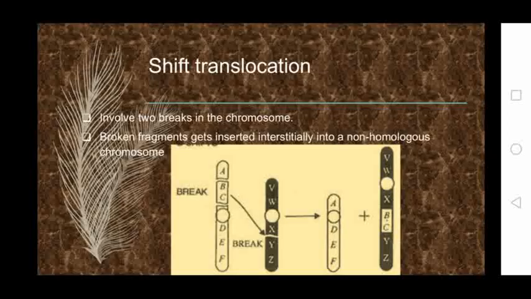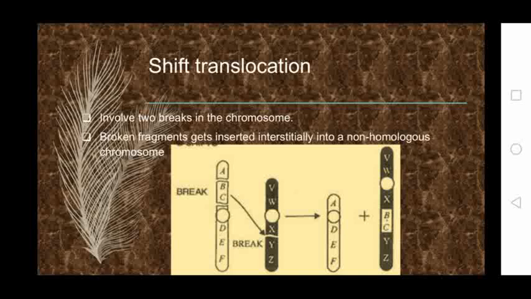And the second type of translocation is a shift translocation. This involves two breaks in the chromosome. You can see the breaks occur between gene A and B, and after the gene C you can see another break.